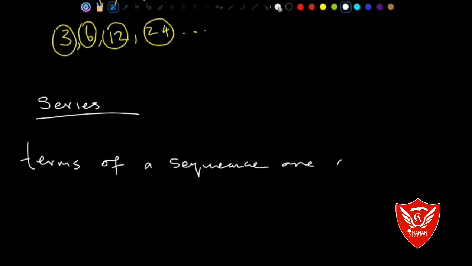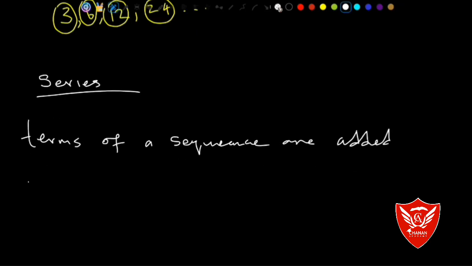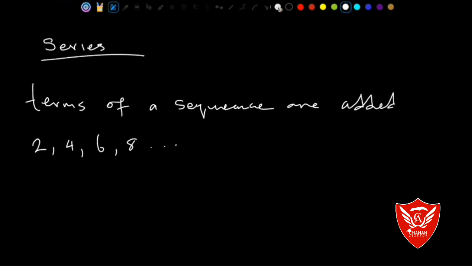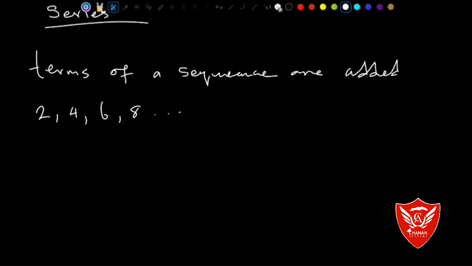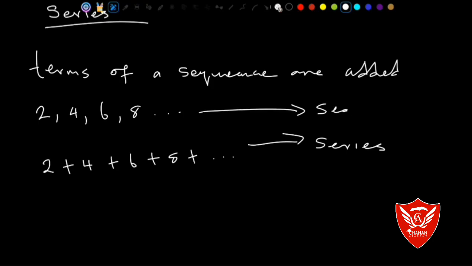So we have 2, 4, 6, 8. This is a sequence. Now we want to get the series. For us to get the series, it becomes 2 plus 4 plus 6 plus 8. So this is a series and this is a sequence.